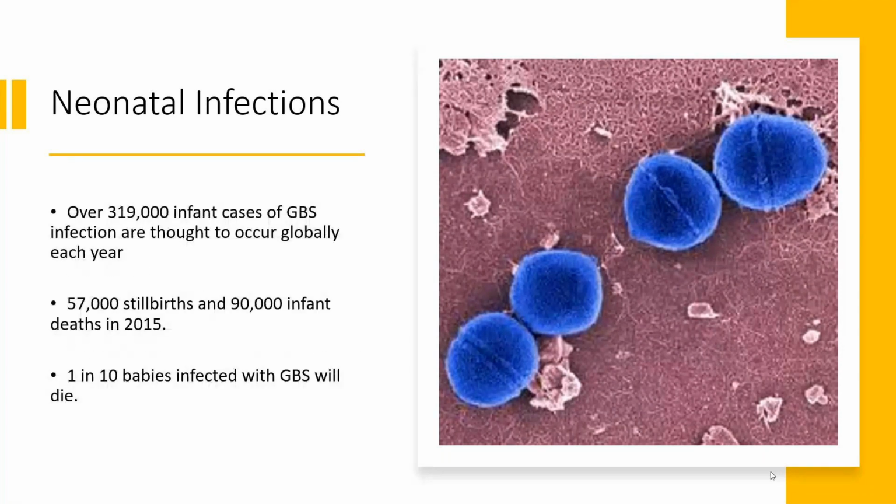As for the neonatal infection, we see about 320,000 infant cases of GBS infections occurring yearly globally, and 57,000 stillbirths and 90,000 infant deaths in 2015. And 1 in 10 babies infected by GBS will die.